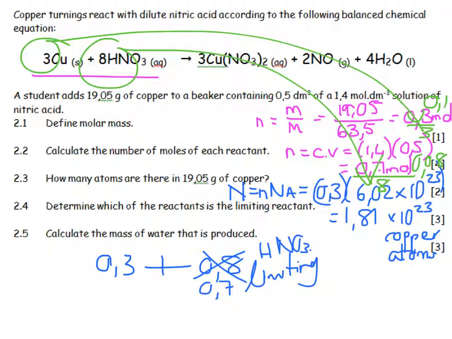2.5, calculate the mass of water that is produced. Since we have a limiting reagent of 0,7 on the nitric acid, I can only use that number of moles that I've got. So I will use the nitric acid, and mass is equal to number of moles times molar mass.